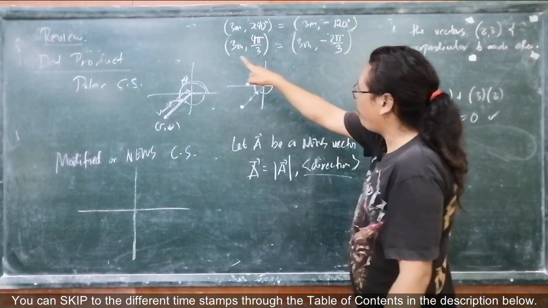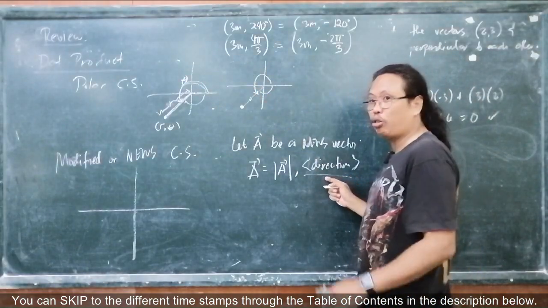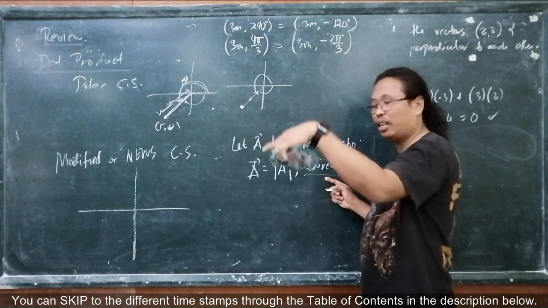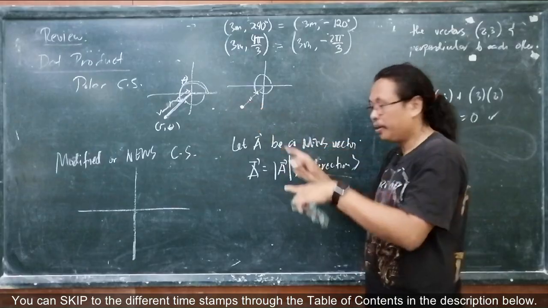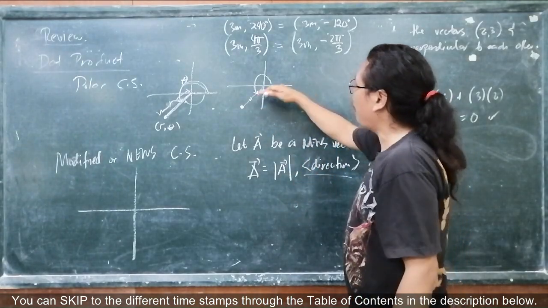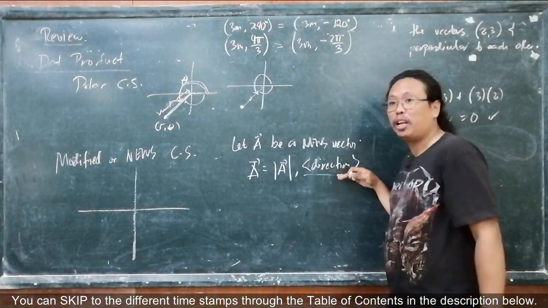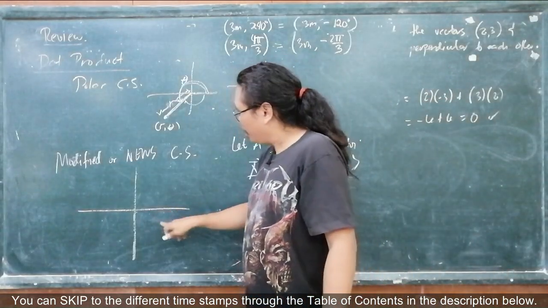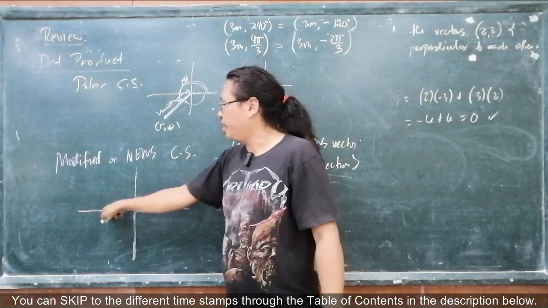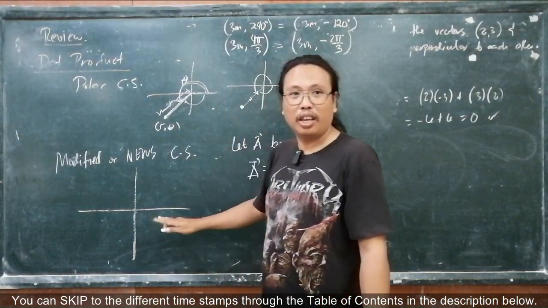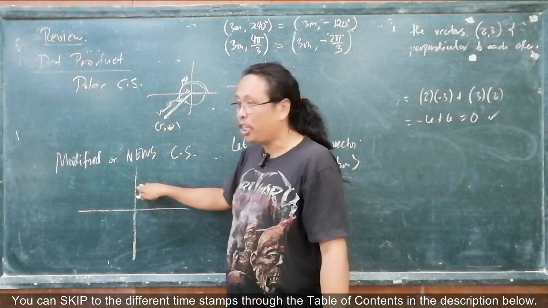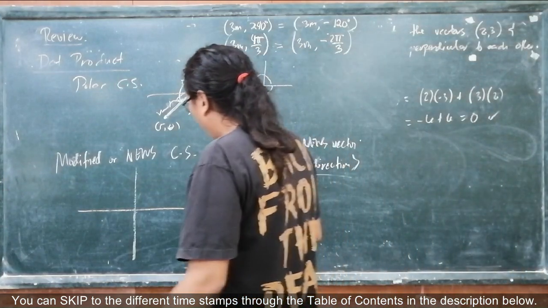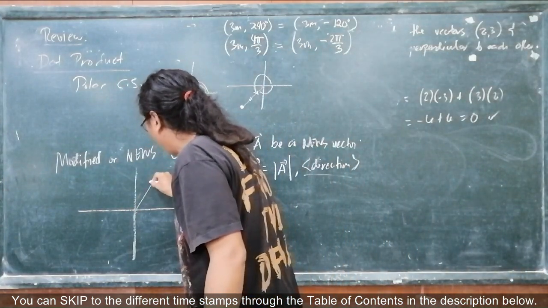Because you also write a polar vector like this, but the direction is actually given in terms of the rotation, of the angle. That is the direction in the standard polar. The rotation is coming from the positive x-axis. This is also a rotation, but the rotation in the Nuss coordinate system could start anywhere on the four axes, either on the positive x or the positive y, the negative x or the negative y. What I mean by this is, like for example, you have this vector here. Let's say this is A.